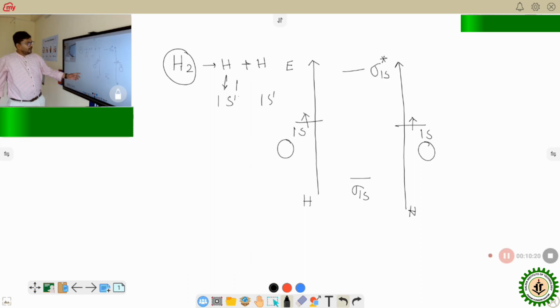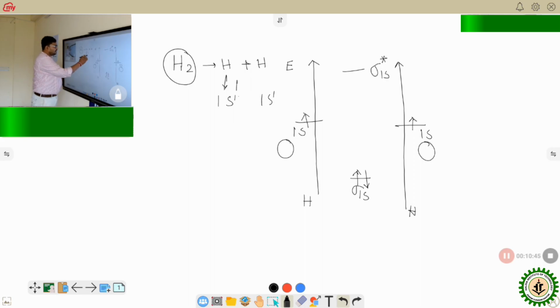Now according to Pauli's principle, each molecular orbital will have a maximum of 2 electrons. So this sigma 1s will have 2 electrons and sigma star will be vacant.